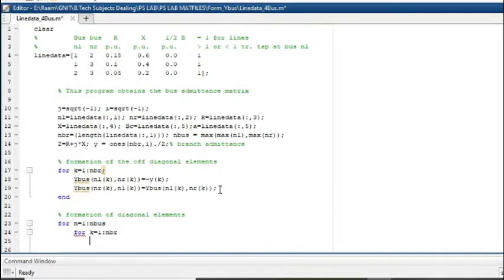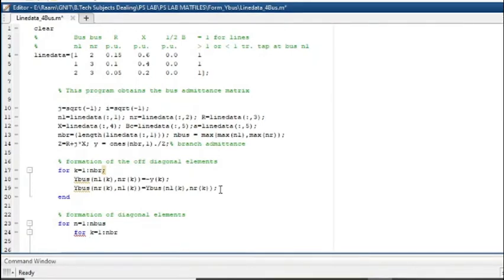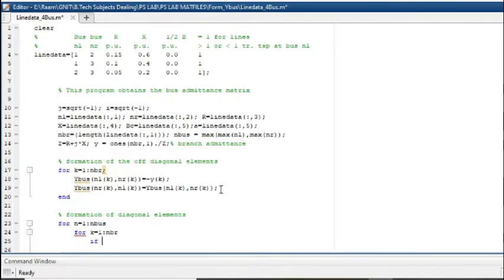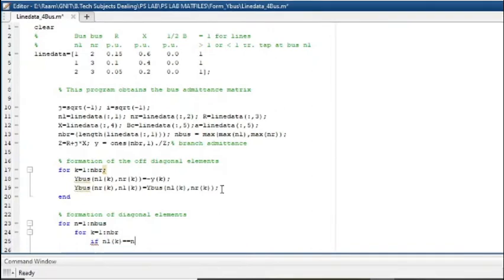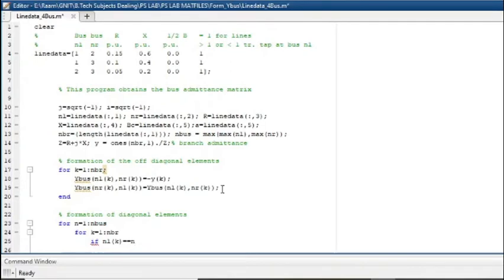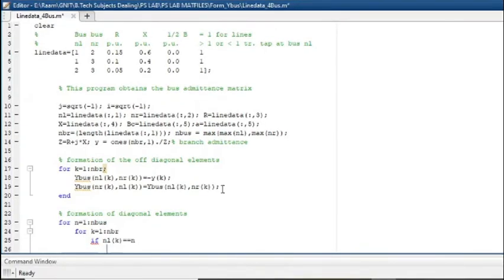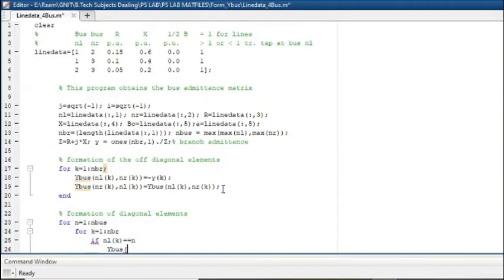We have a condition here. If this is not off diagonal, we need to decide which one is diagonal. We need to verify if NL of k is equal to n. If this condition is satisfied, then it is going to calculate Y bus n comma n.